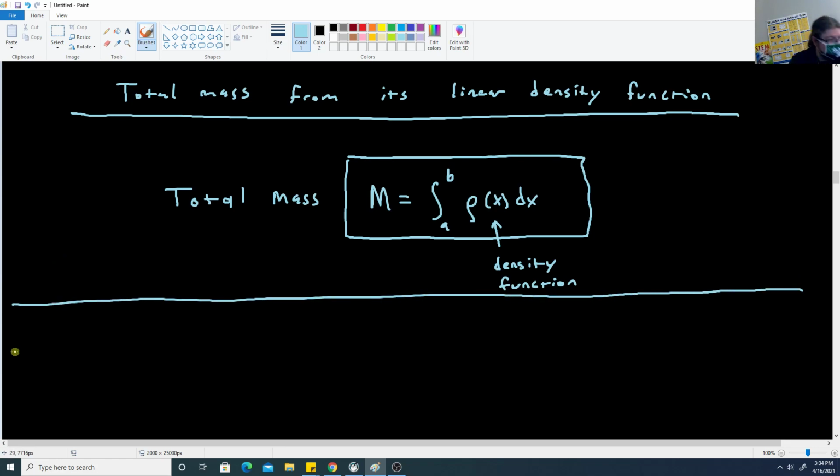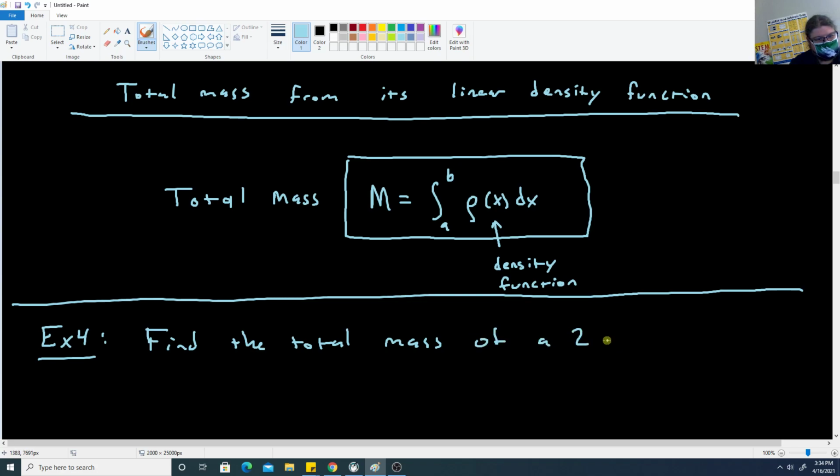So we'll do example 4 here. What this says is we want to find the total mass of a 2 meter rod of linear density.